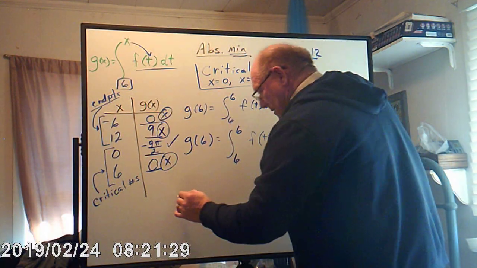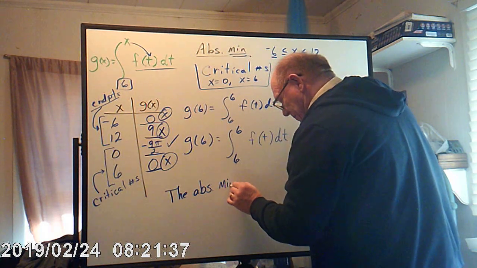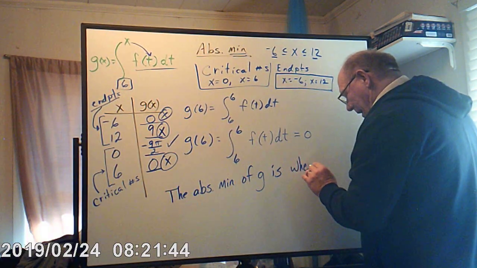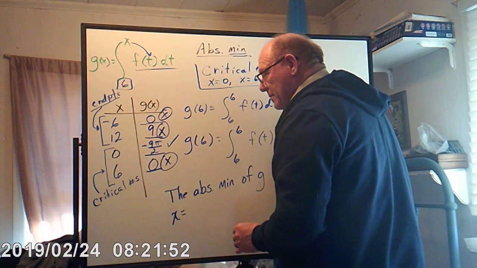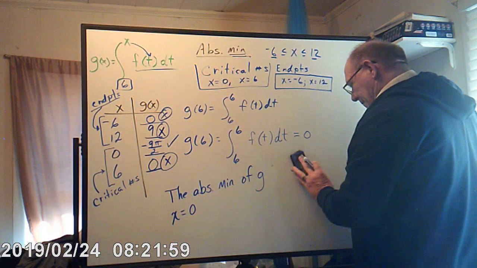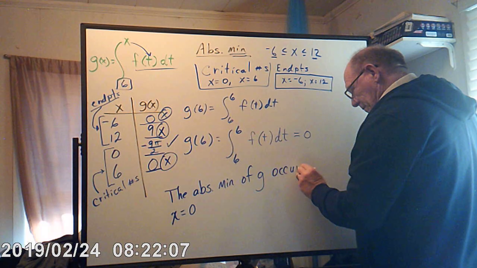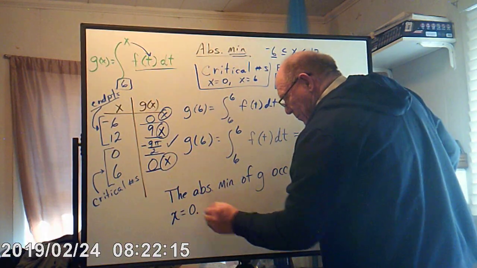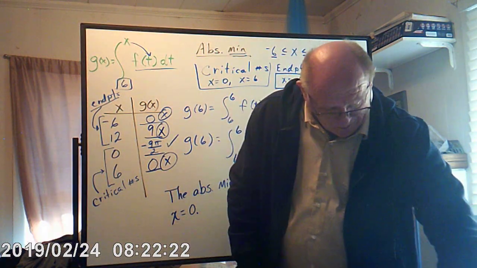You say, okay, the absolute minimum of G occurs at X equals 0. There it is. Neat little problem.